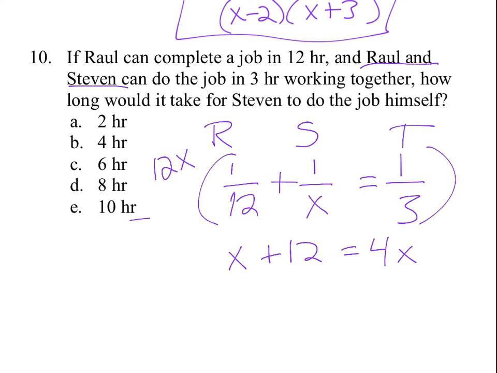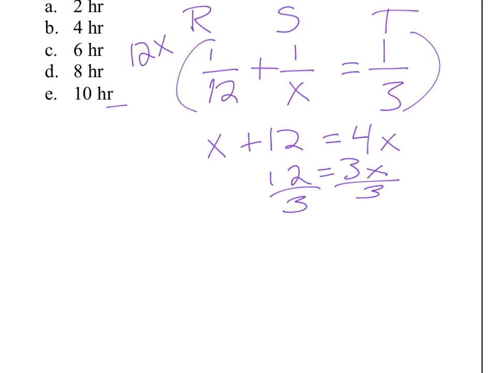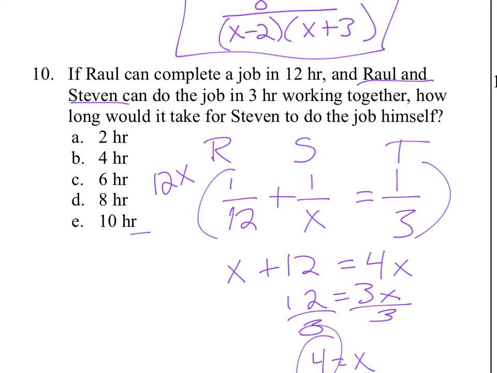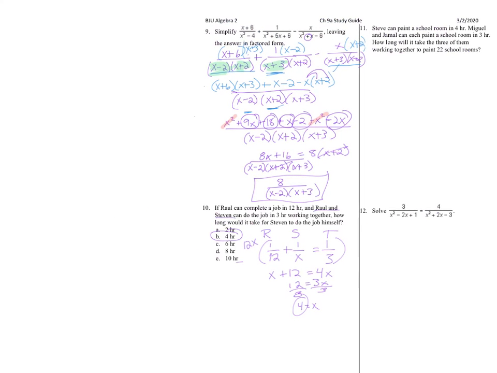So I subtract the x, 12 is equal to 3x, divide by 3, and I get 4 equals x. So it would take Stephen by himself 4 hours to do the job.